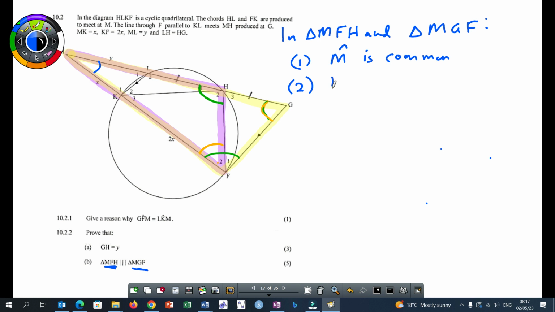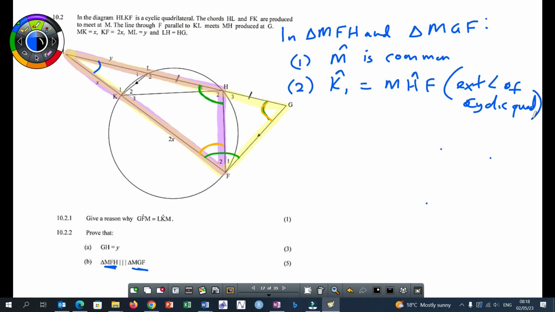So I'll start by saying K1 is equal to this angle here, I'm just going to call it MHF, and the reason will be exterior angle of a cyclic quad.